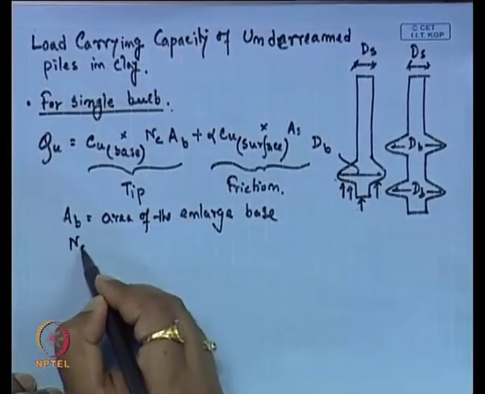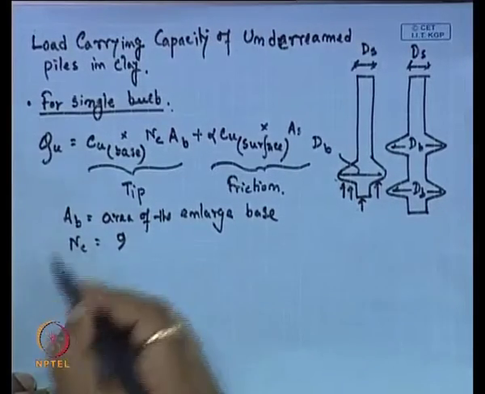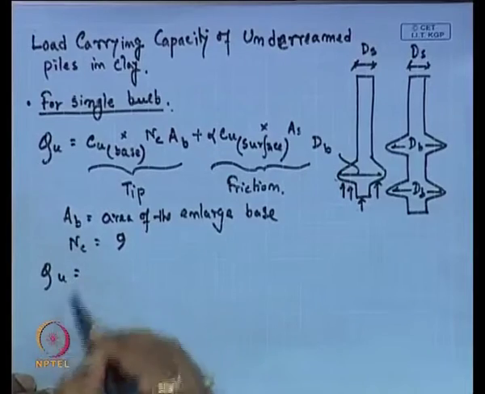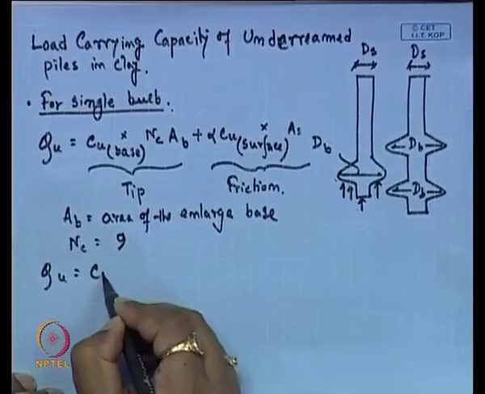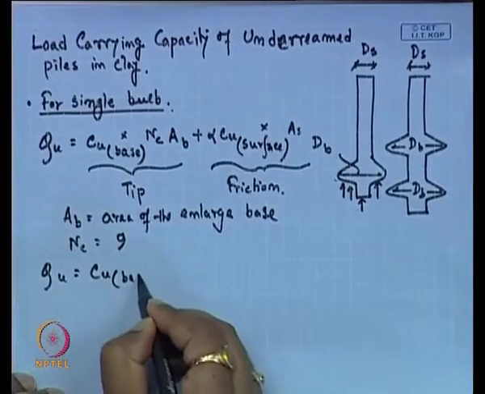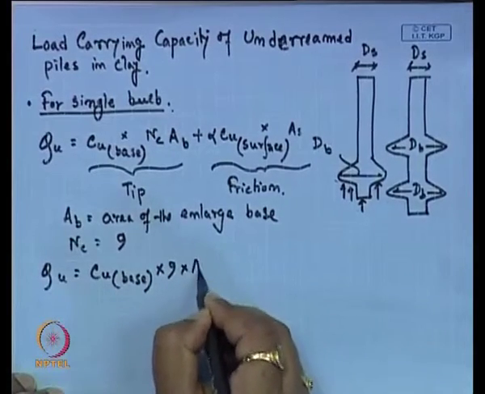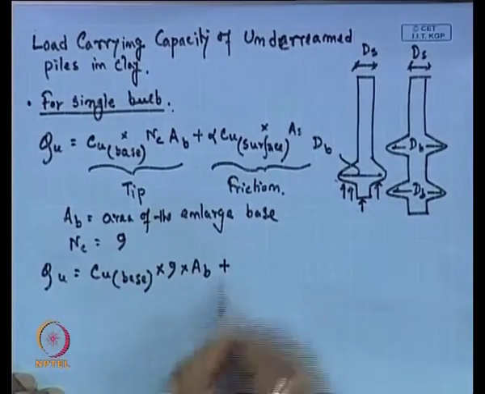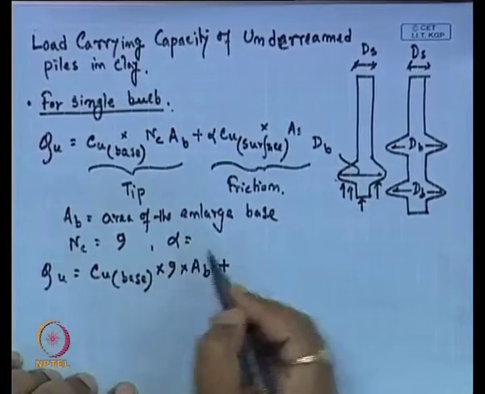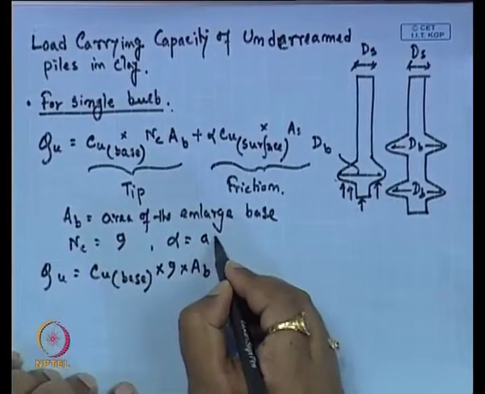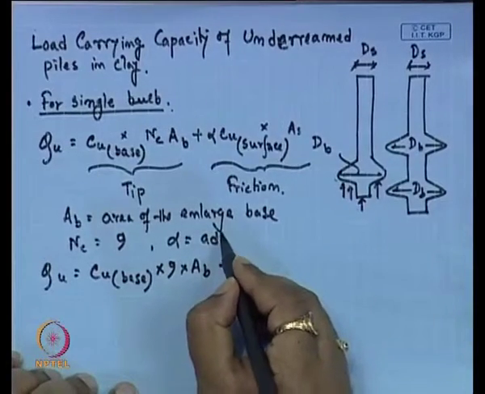N c is taken as 9, as I mentioned. Now finally, if I write this expression, it is C u at the base into N c, which is 9, into the area of the enlarged base, plus alpha, the adhesion factor between the pile and the soil.